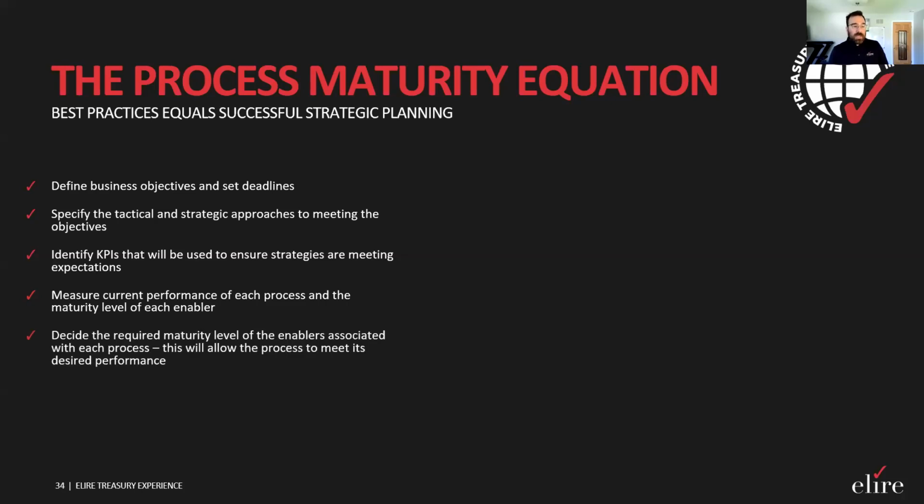Decide the required maturity level of each enabler associated with each process. This will allow the process to meet its desired performance. So you have to ultimately make a decision where you want to be, right? Otherwise you can't really start. Analyze the results of your maturity assessment. Each process should have a strategic plan in place. So again, you've got results, but now you have to actually create a plan, define the plan for each process.